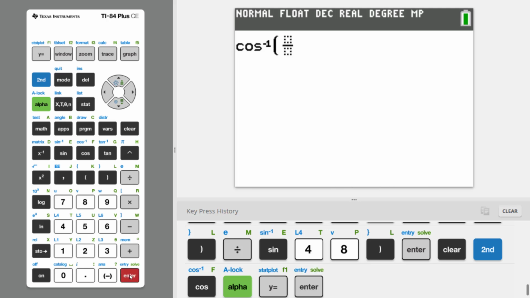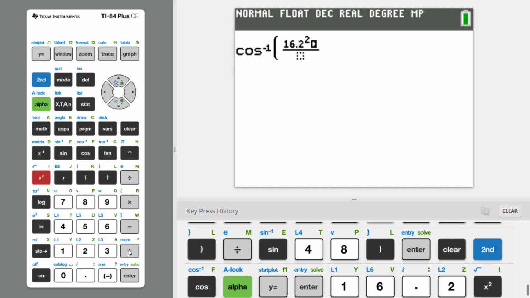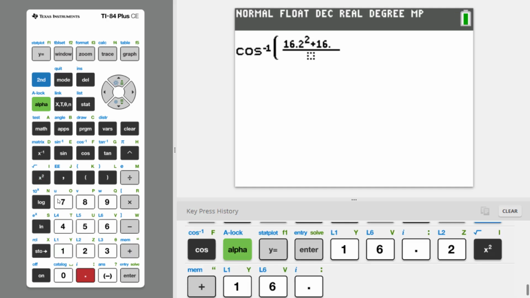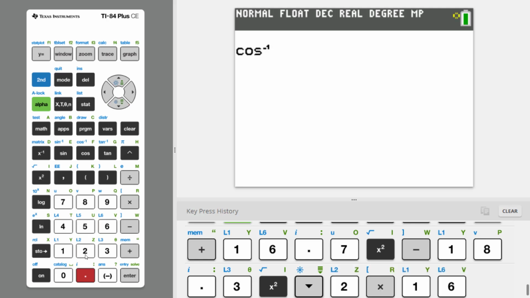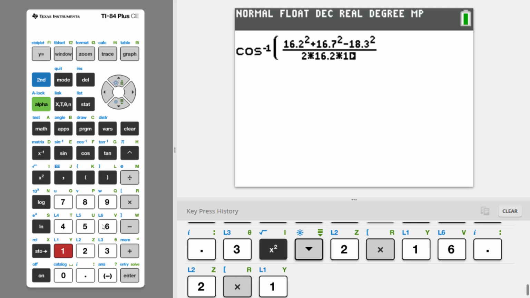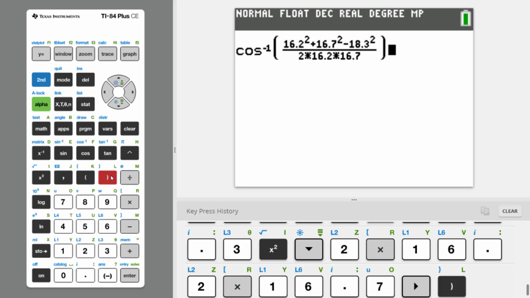At this point, type in what we got. So I had 16.2 squared first, added with 16.7 squared second, minus the 18.3 squared. And then on the bottom, I just had 2 times the 16.2 times the 16.7. At the very end, I can close off just by pressing to the right.